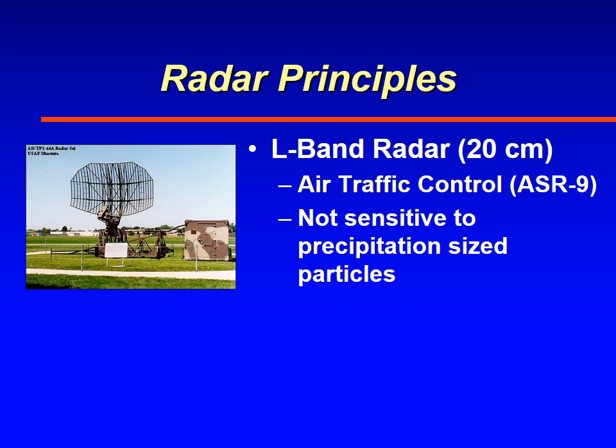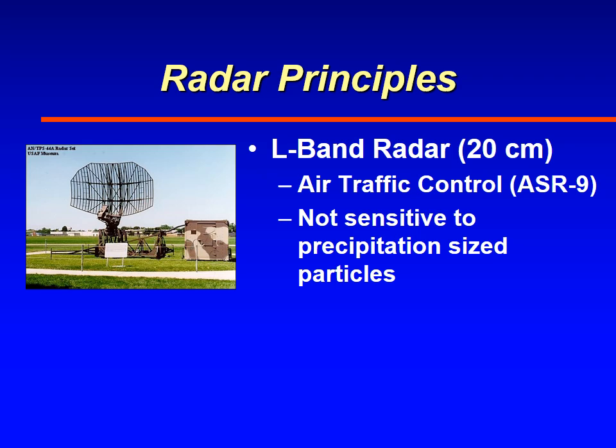There have been a number of different radars developed for different purposes. As I mentioned, longer wavelengths tend not to scatter energy from cloud droplets. The radars in use today, L-band radars, which are 20 centimeter, typically are used for air traffic control. They're not really designed for weather radar, but you can see a little bit of precipitation, a little bit of weather echoes, on L-band type radars, air traffic control radars.